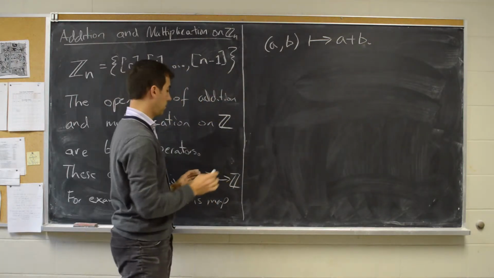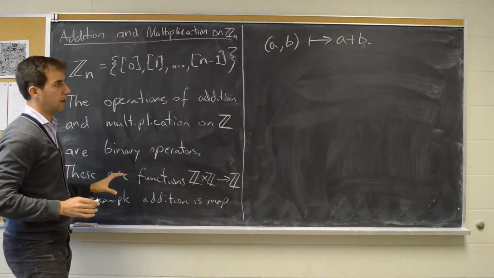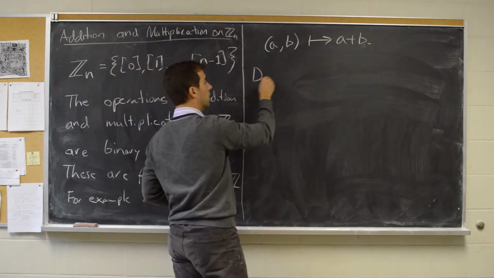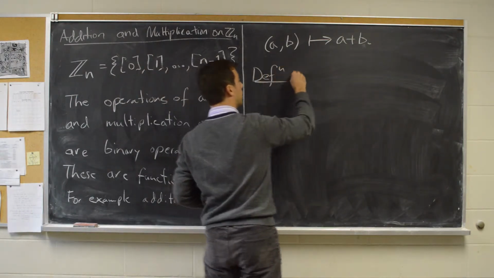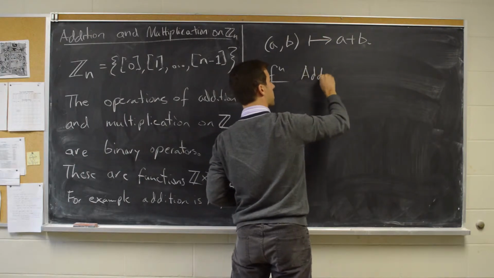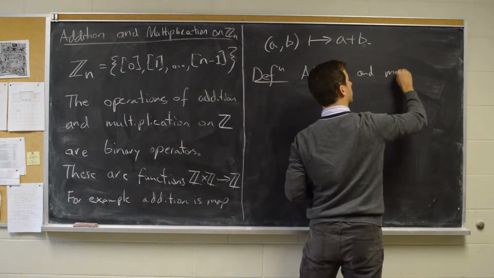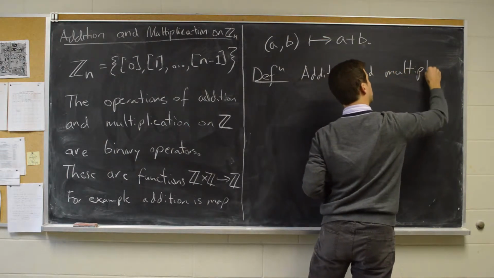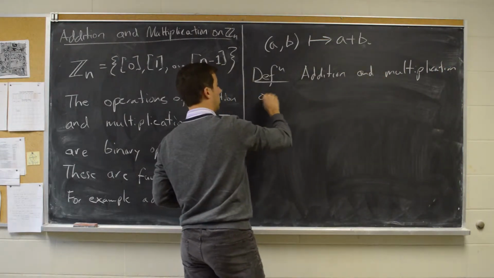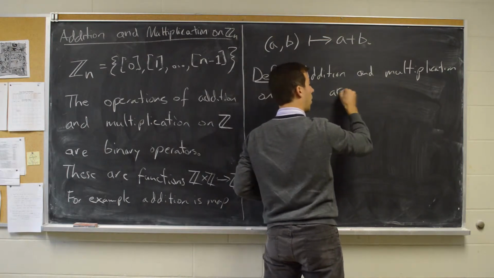So I want to define now how this induces addition and multiplication on our congruence classes. So here's a definition. Addition and multiplication on Zn are binary operators.